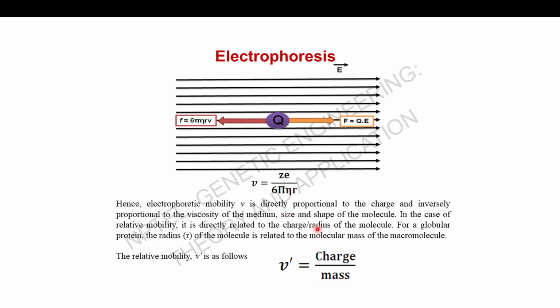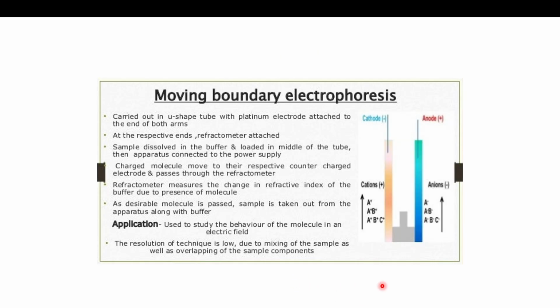Okay. What about the size and shape of the molecule? The greater the size, the slower the speed again. And in the case of relative mobility, it is directly related to the charge over the radius of the molecule. So for a globular protein, the radius of the molecule is related to the molecular mass of the macromolecule. So relative mobility is basically charge upon mass. Okay.